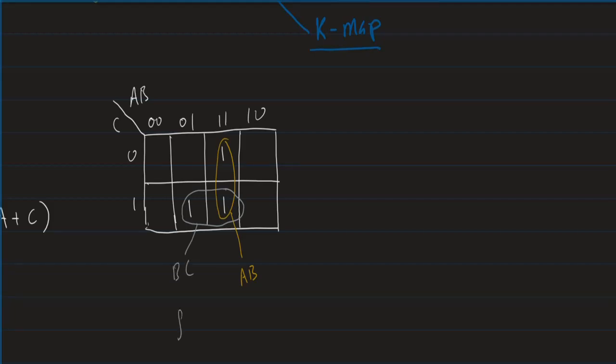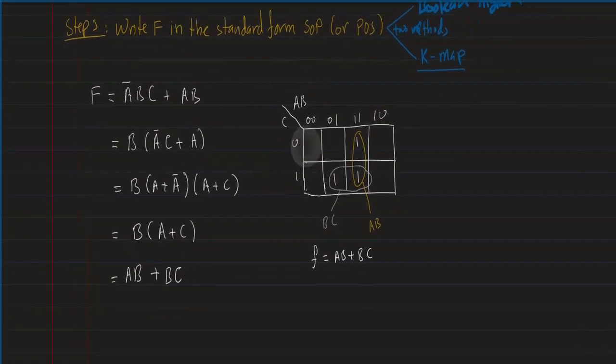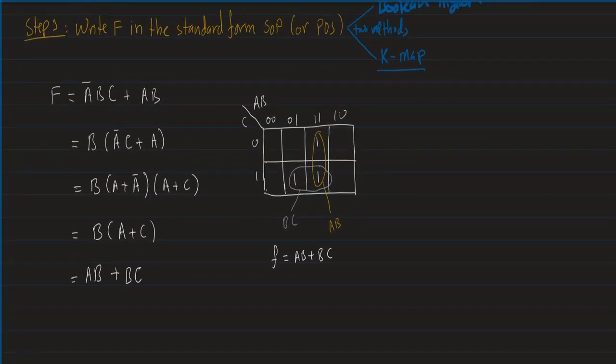So the result is, of course, as expected, the same: AB or BC. So now this is step 3. I did already derive the function.